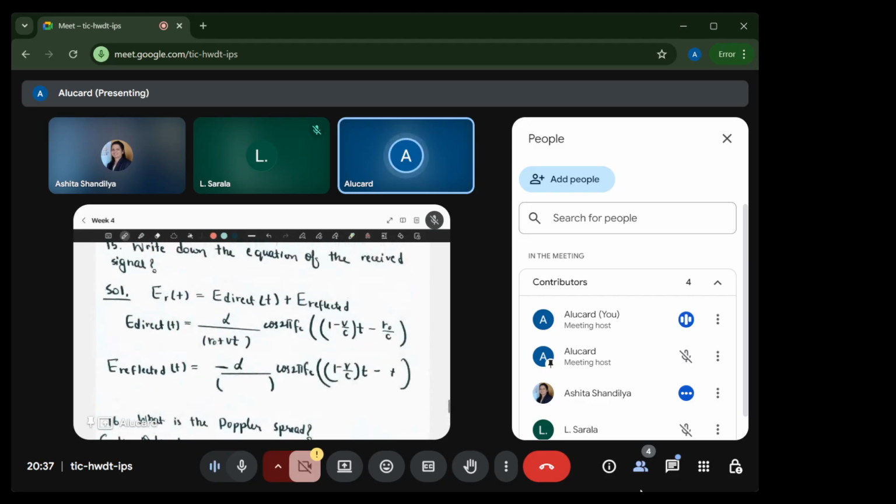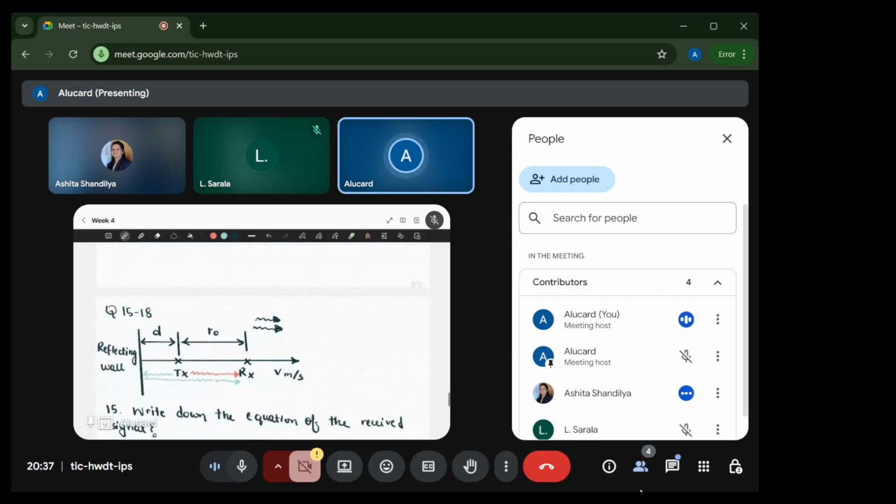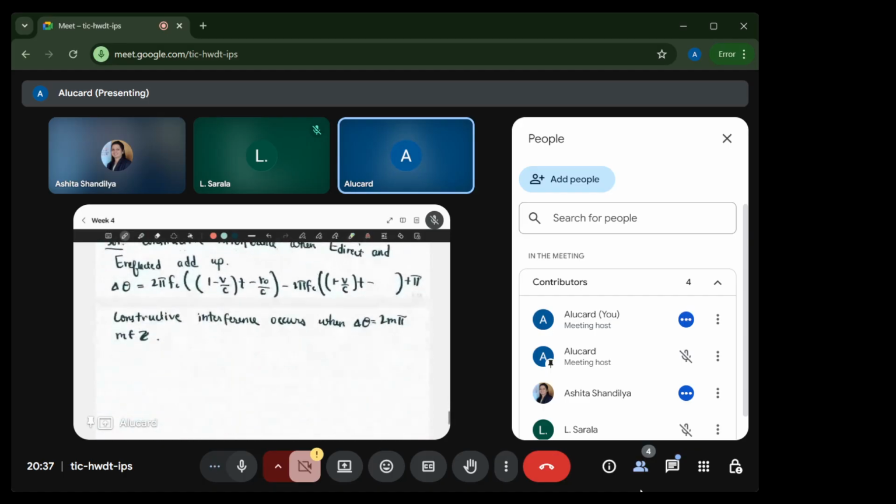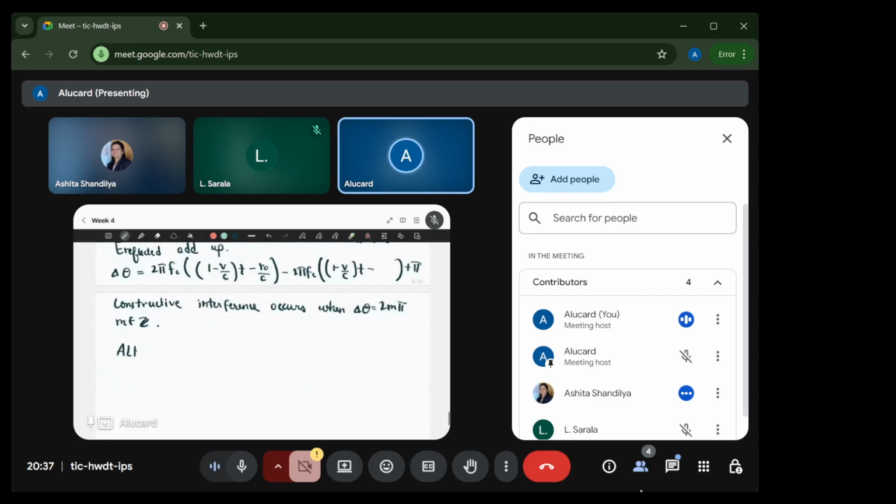Even otherwise, if you don't know the formula, you can still solve this. What we need is the phase difference between the direct signal and the reflected signal to be an integral multiple of 2 pi. The phase difference is caused by the time delay. So alternatively, you can do it this way.